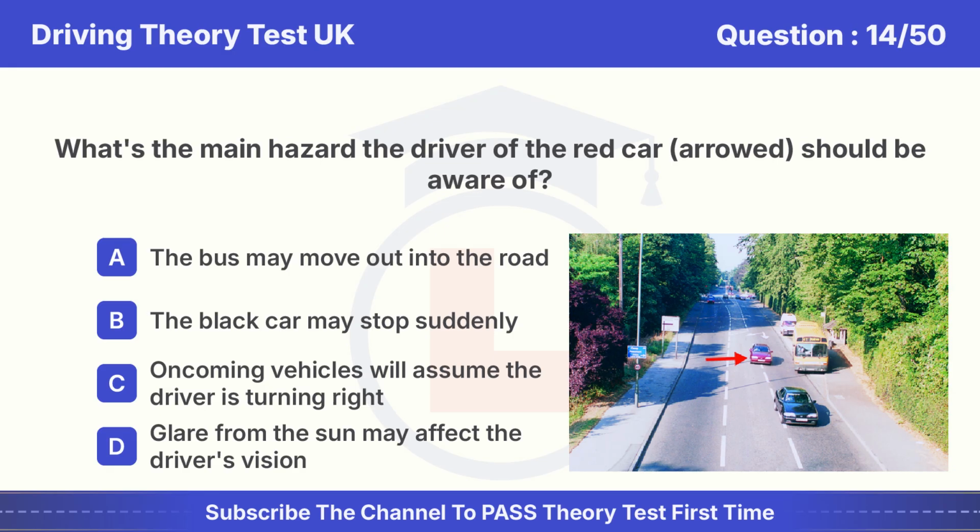Question 14. What's the main hazard the driver of the red car, arrowed, should be aware of? Answer is A. The bus may move out into the road.